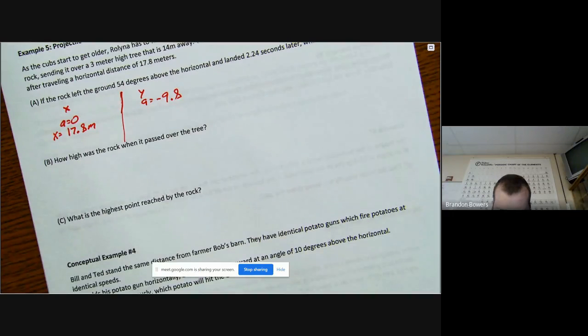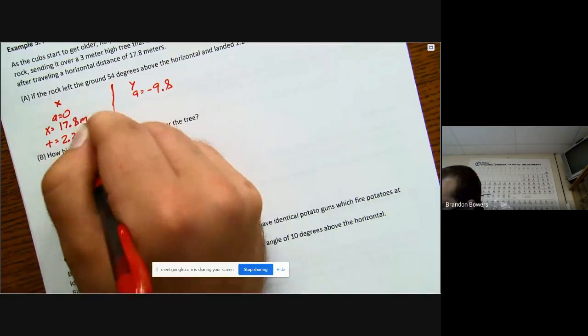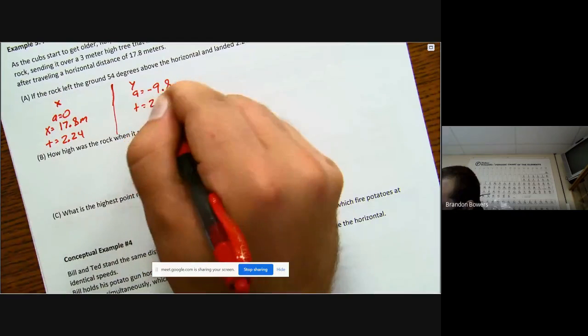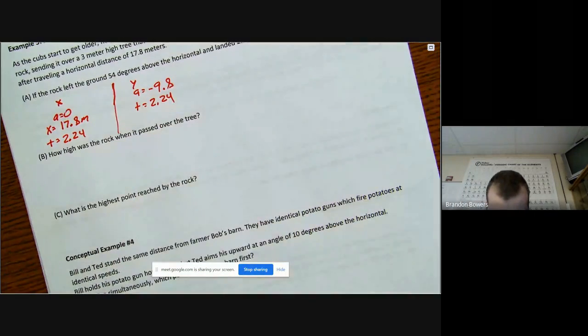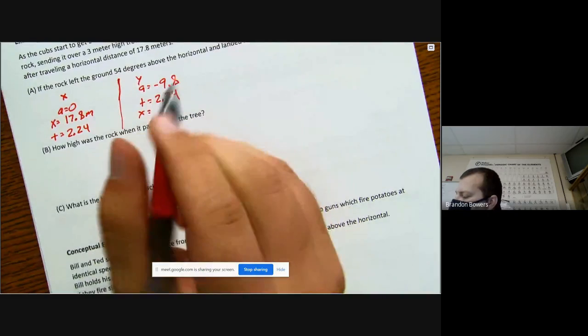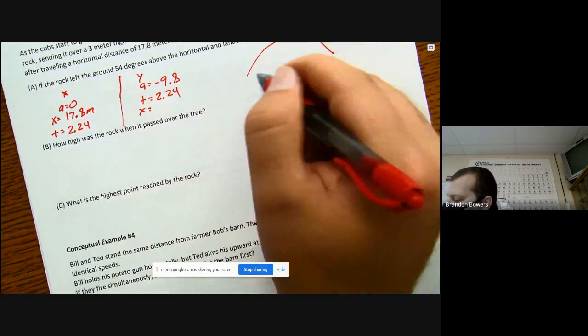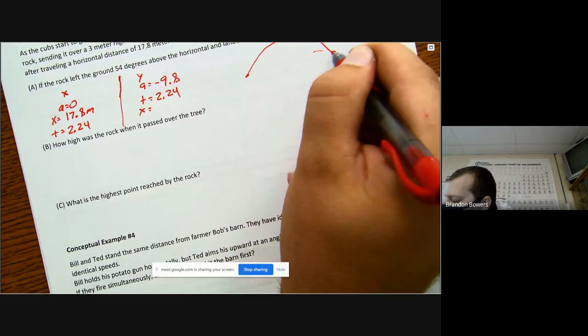So the time was 2.24 seconds. Now that is the same for both of them. What else? What's my displacement in the Y? 0. Right? In the Y, if it's kicked, it goes up and it goes down. So the displacement total is going to be 0.